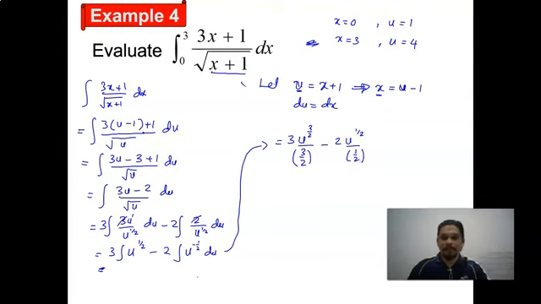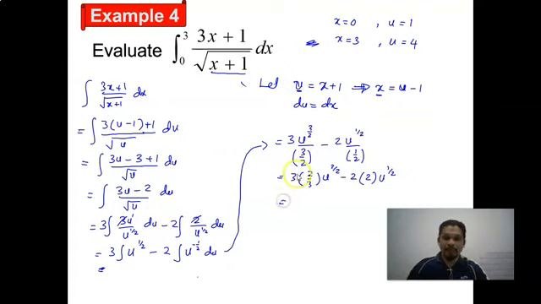Okay, and then divide by 3 over 2, bring this above here, you come out with 3 times, switch the position upside down, so 3 over 2 becomes 2 over 3, then u to the power of 3 over 2, minus 2, and this one, 1 over 2, bring above here, becomes 2 over 1 or 2, and u to the power of 1 over 2.